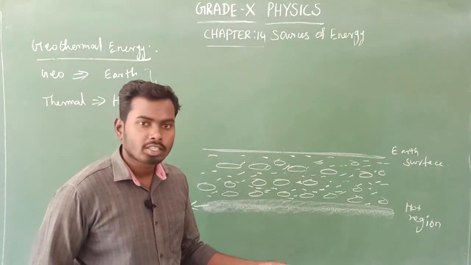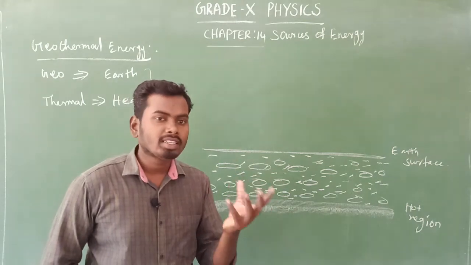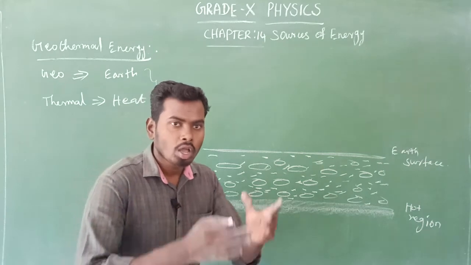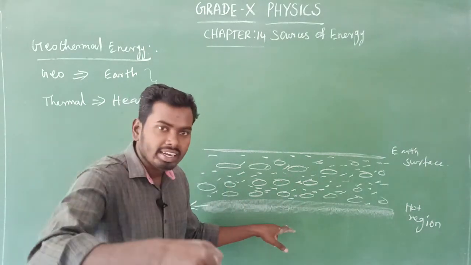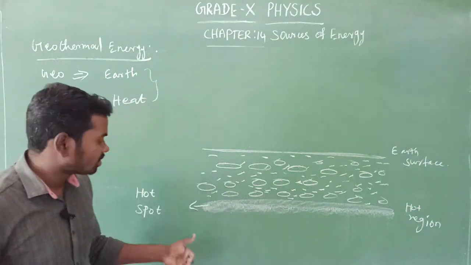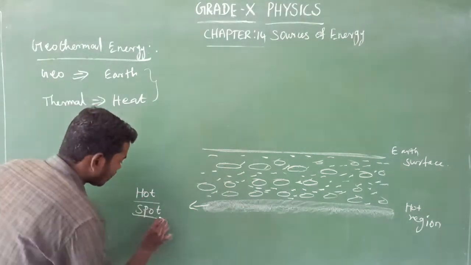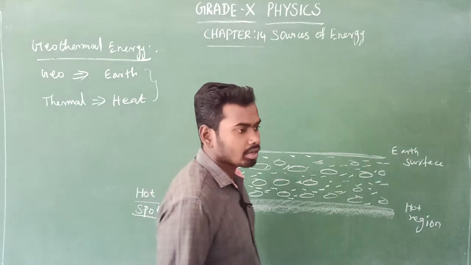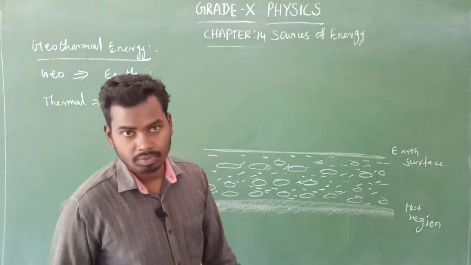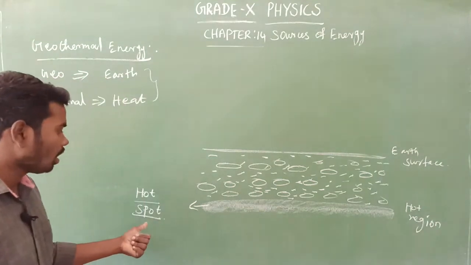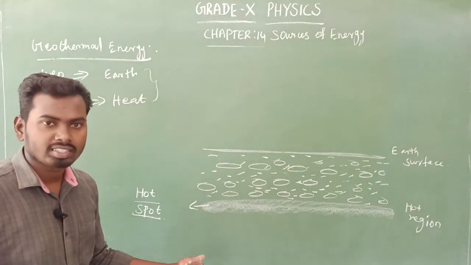The place inside the earth where the temperature is more high is called hot spot. This is very important, one more question. This is only for geothermal energy. That place is called hot spot.